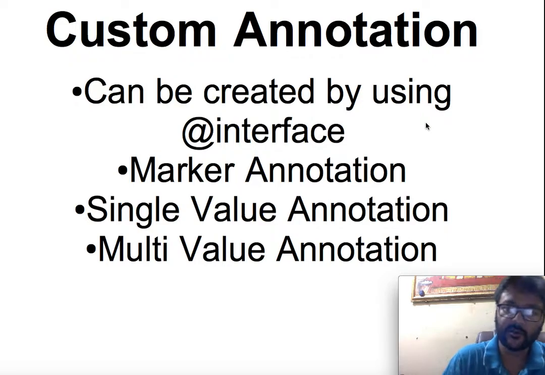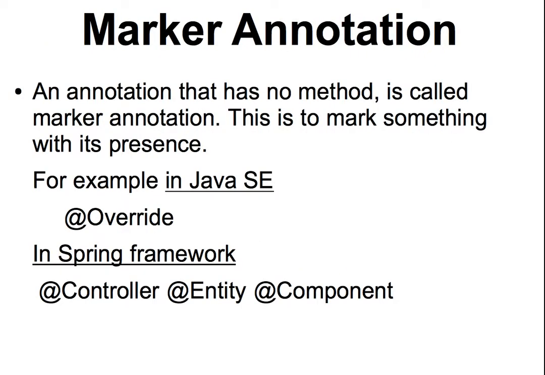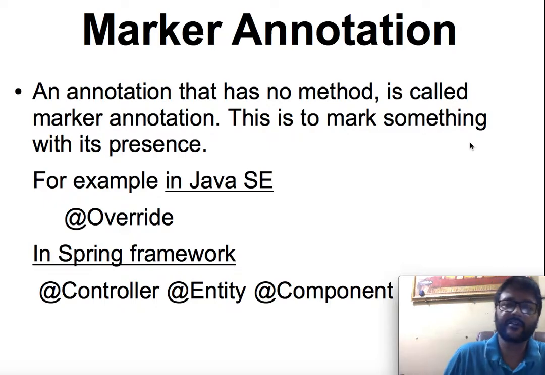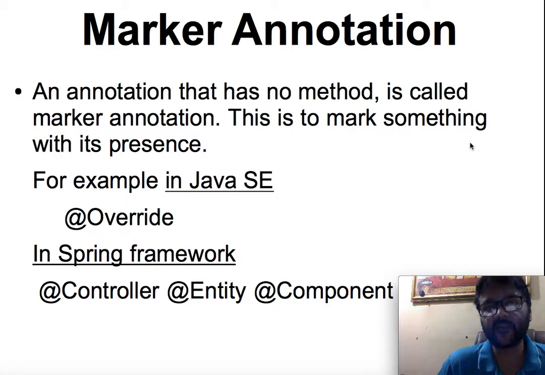marker annotation. So marker annotation, basically it is a kind of annotation which is used to mark something, as the name suggests. Mark in the sense, if you create an annotation and use it with a method, then that method will be marked or stamped for something, so that the compiler or the runtime environment can find out information about that particular method.